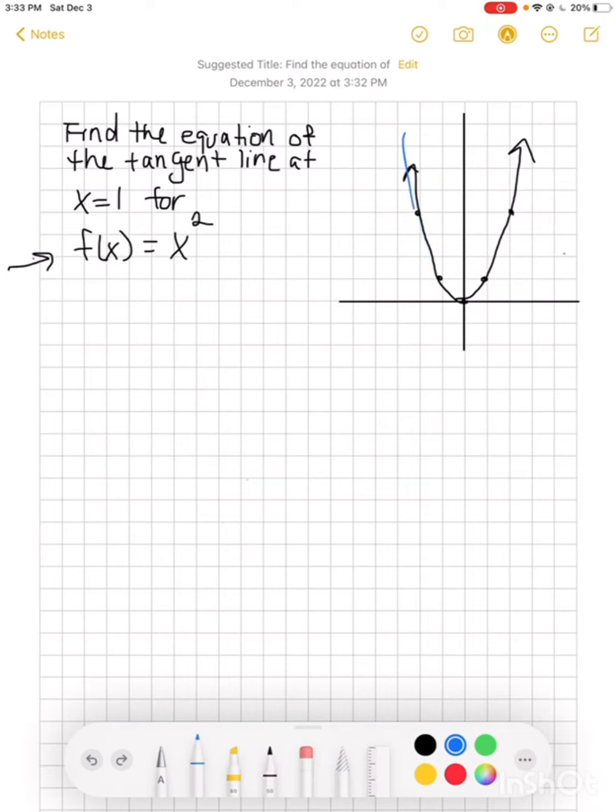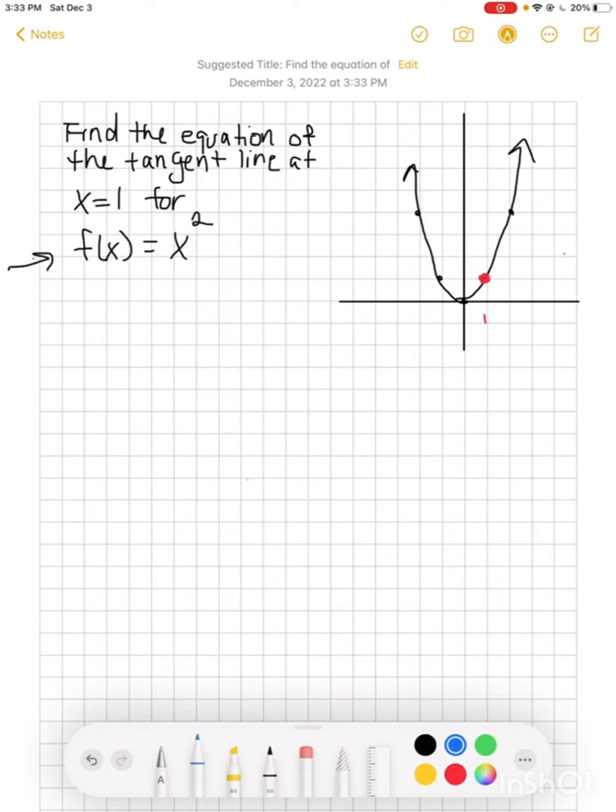You can find the tangent lines of any x value along this graph, but we want a very specific one. They're asking for the one at x equals 1, which is right here. So they want to find the equation of the line tangent to this point.